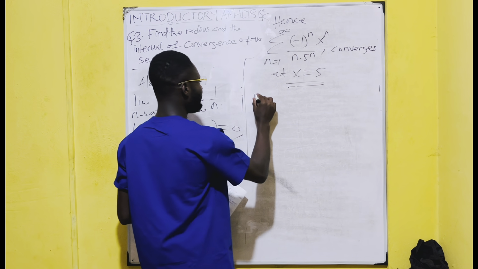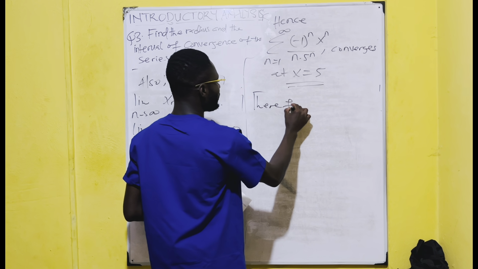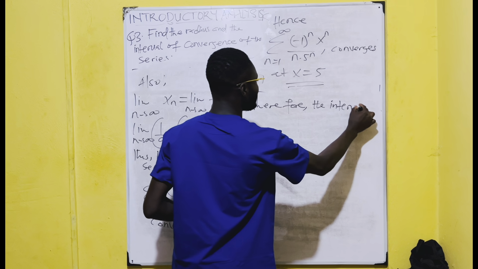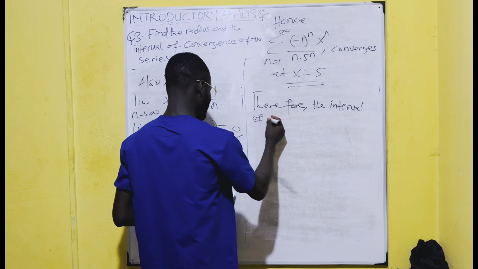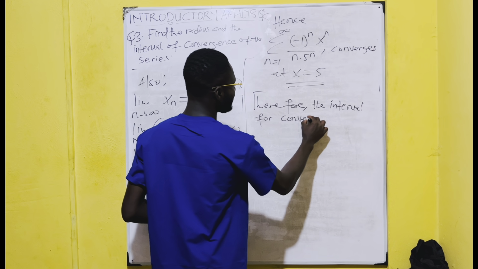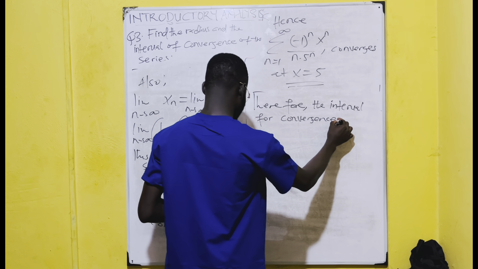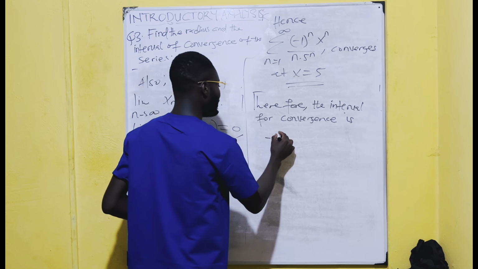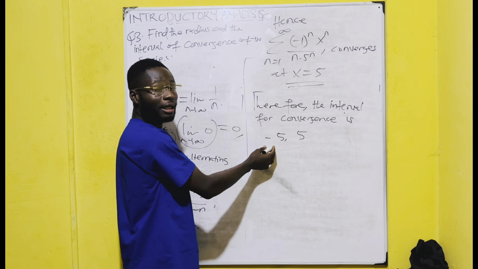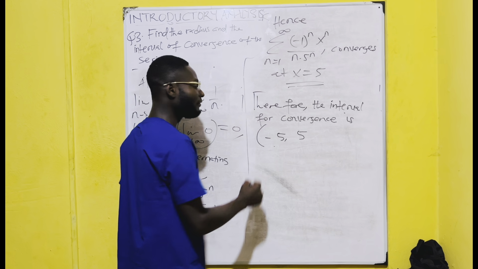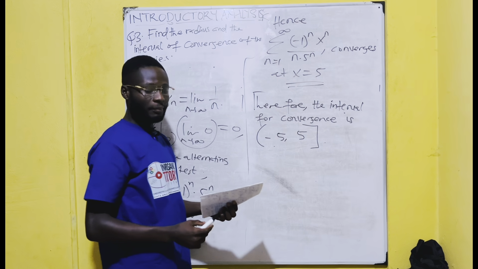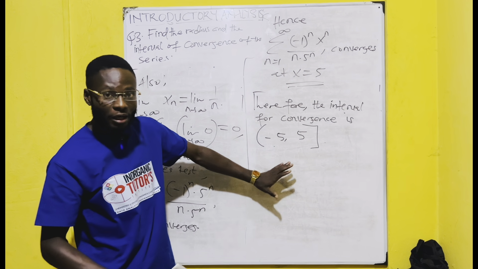So we say that therefore the interval for convergence is -5 and +5. Now, the first one diverged, so we are going to have an open bracket. Then the second one converged, so we have a closed bracket. So this is how you present it.